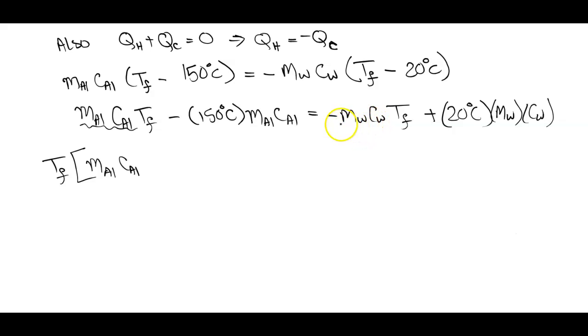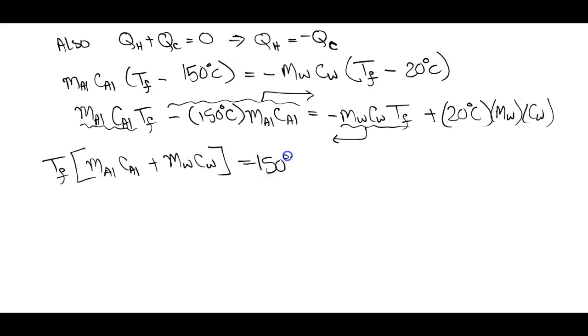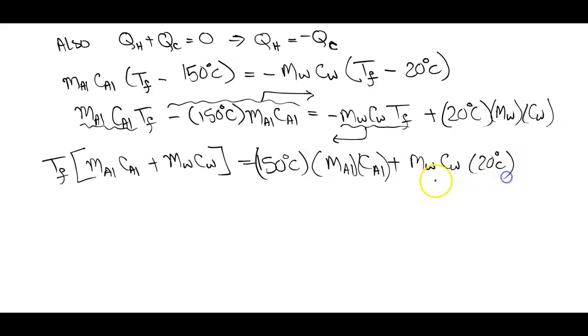And if I move this expression over to the right hand side and factor the TF, I get a plus mass of water, specific heat of water, should equal, now if I move this expression over to this side, I will get 150 degrees Celsius times the mass of aluminum, specific heat of aluminum, plus mass of water, specific heat of water times 20 degrees Celsius.